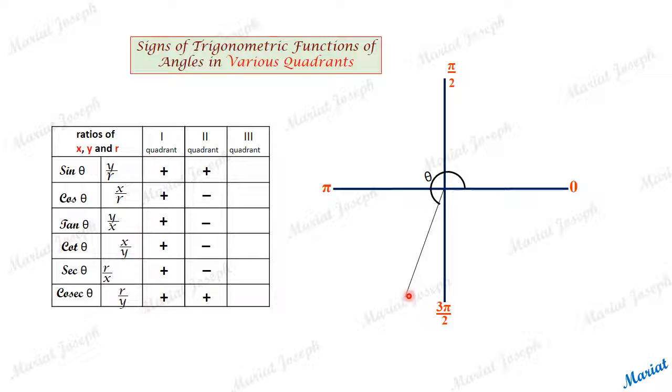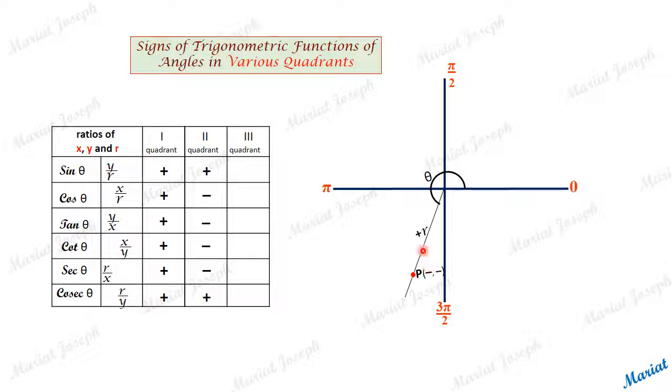In the third quadrant, any point on the terminal side will have the coordinates in the form negative, negative, because x axis negative, y axis negative, x and y both negative. But r is the direct distance from the origin to P. That cannot be negative. That is always taken as positive.